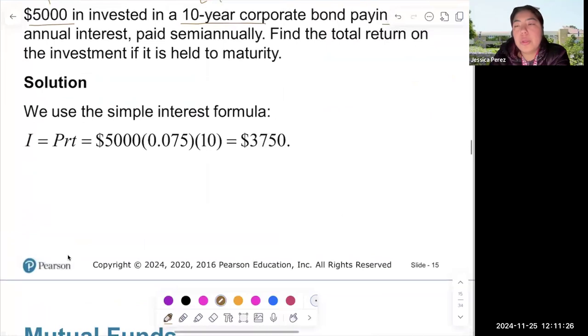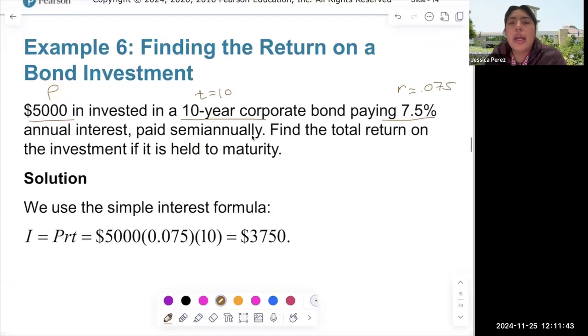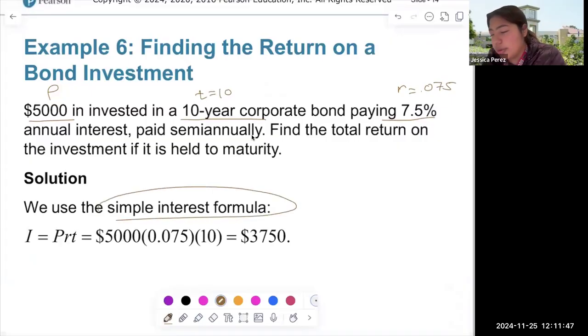For example, we wouldn't use the one before, so we wouldn't use N to be 12 and monthly. We would use the simple interest formula. So every time you're looking for a return on a bond investment, you're going to use the simple interest formula.